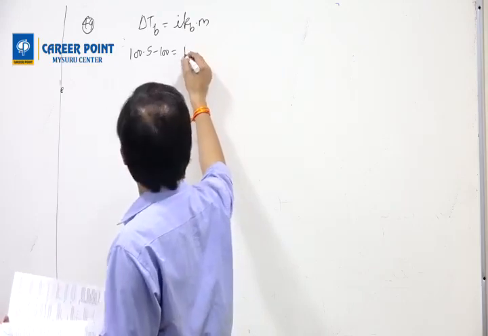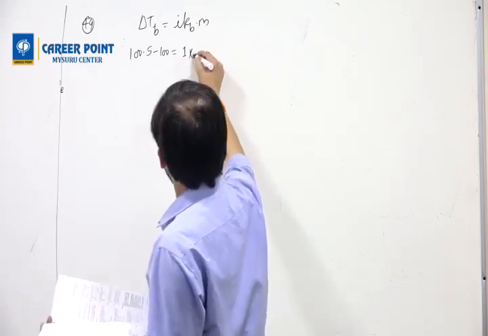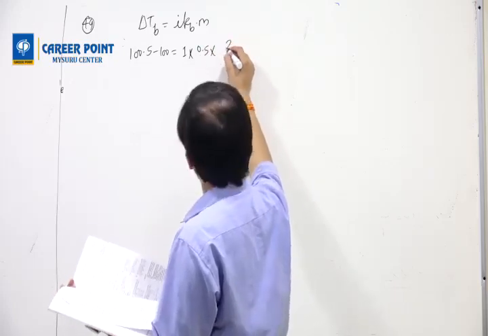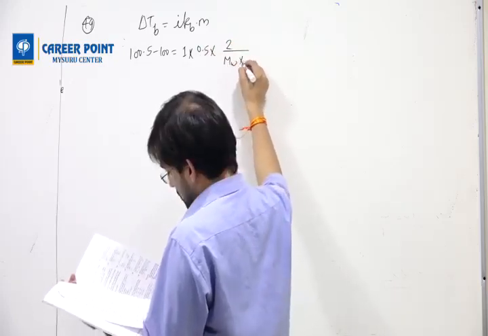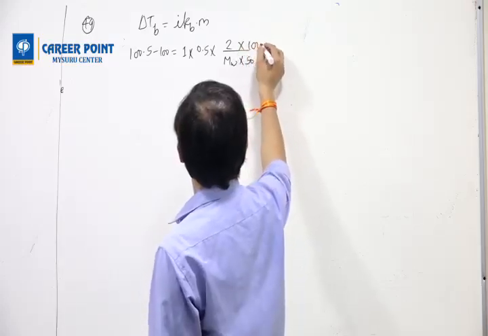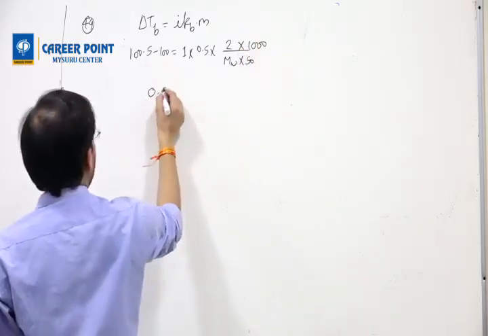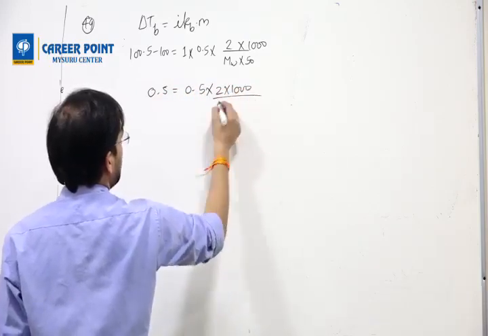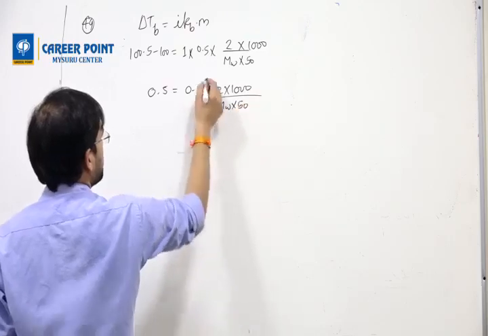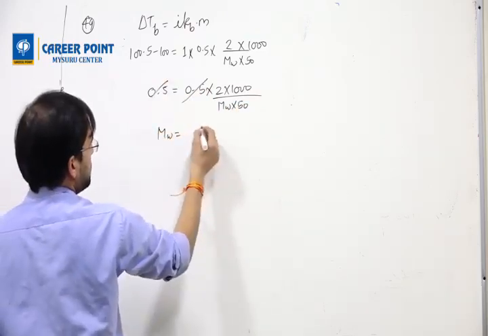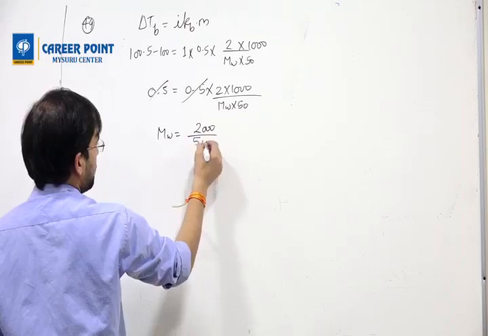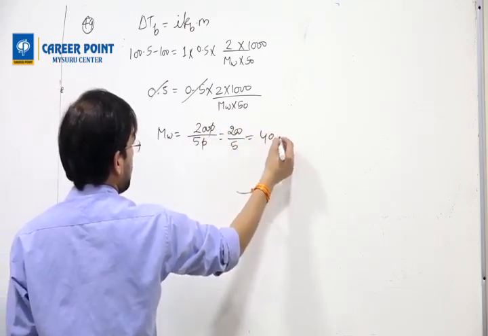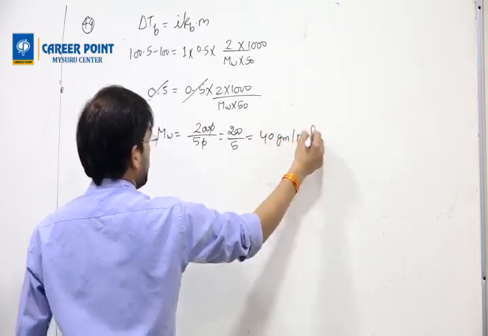Solute they are not mentioning, so van't Hoff factor is 1 into Kb is 0.5 into m. How much gram is dissolved? 2 by Mw into 50 into 1000. So here you get 0.5 equals to 0.5 into 2 into 1000 by Mw into 50. So 0.5 gets cancelled. Mw equals to 2000 by 50. 0 gets cancelled. 200 by 5, that is 40 gram per mole.